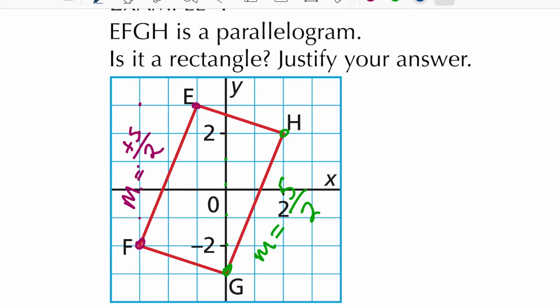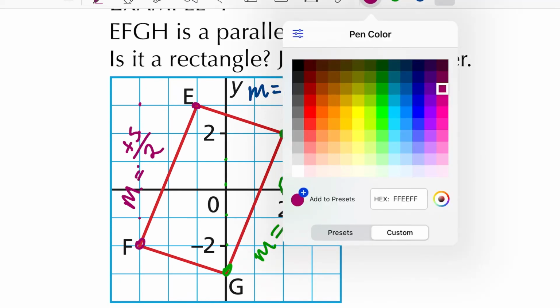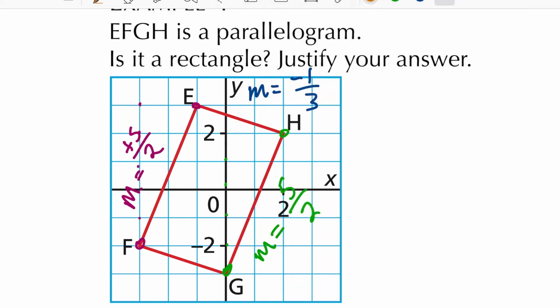Now let's look at E to H. Our slope goes down 1 over 3. And lastly, our slope down here is -1 over 3. Now the question is, are these slopes negative reciprocals of the slopes of the other sides?